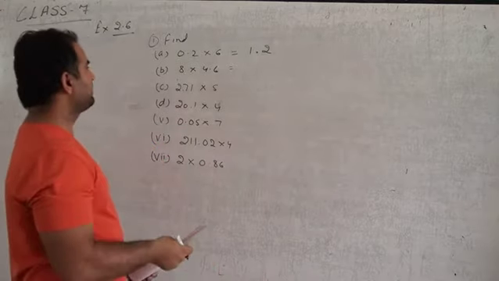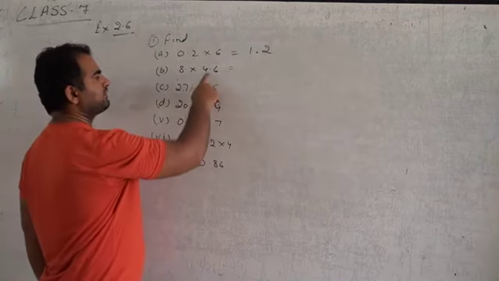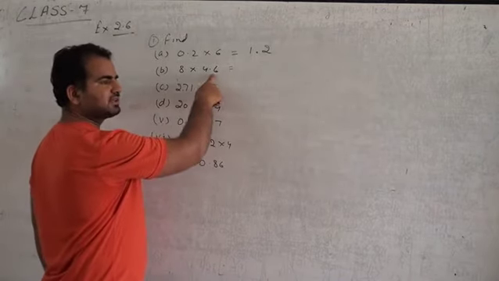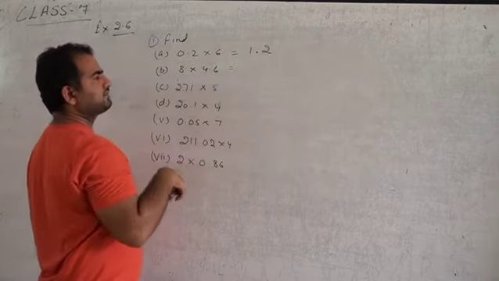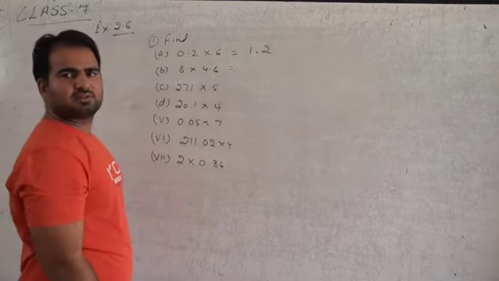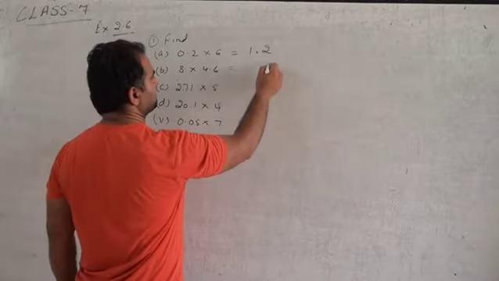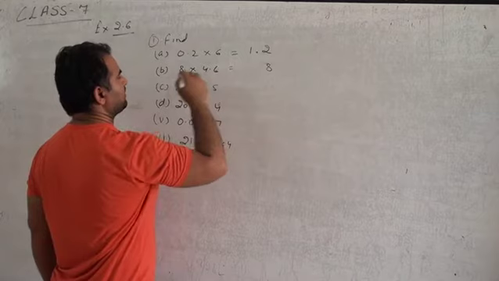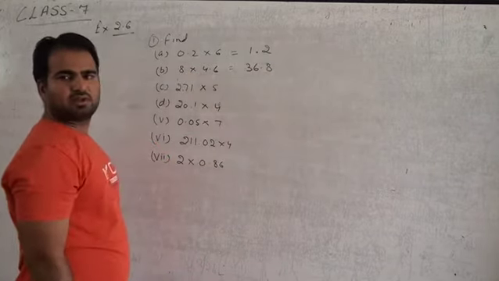Next, what is 8 into 4.6? First of all, we will count how many digits are there after the decimal. Only one. Then in the answer we will place one digit after the decimal. The answer will be 36.8.